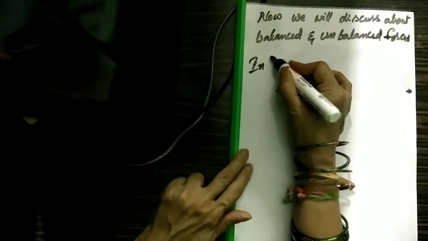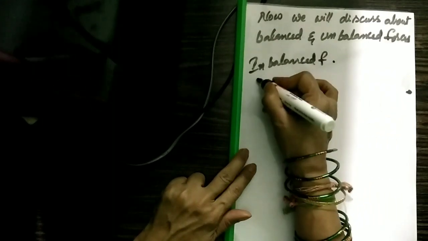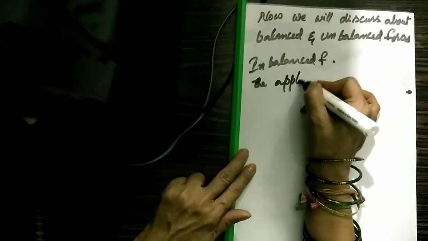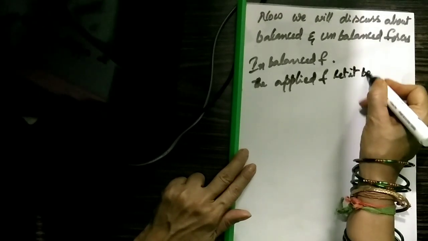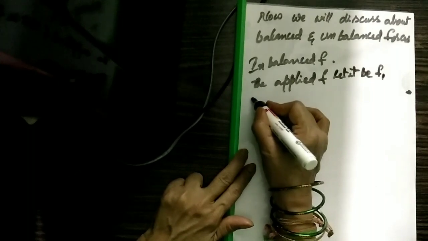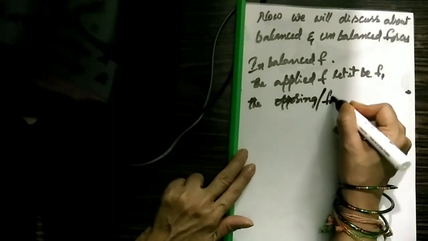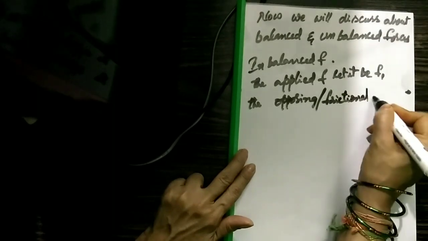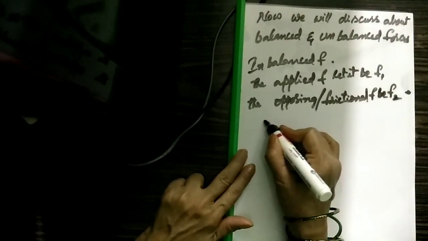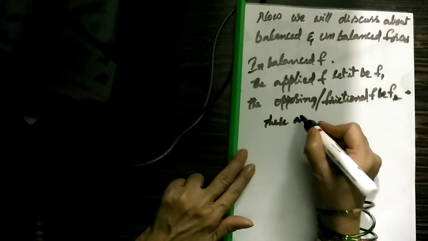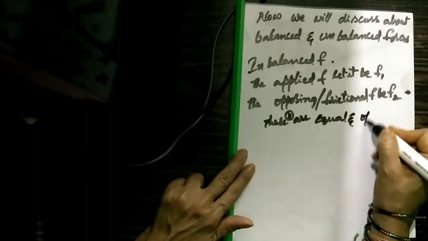In balanced force, the applied force, let it be F1, and the opposing or frictional force be F2. These two are equal and opposite.